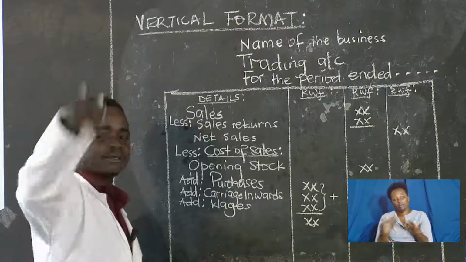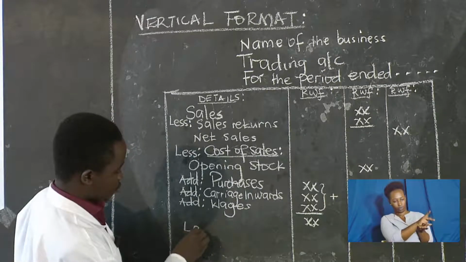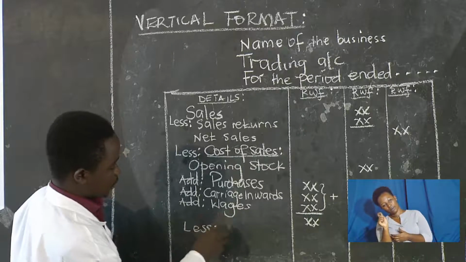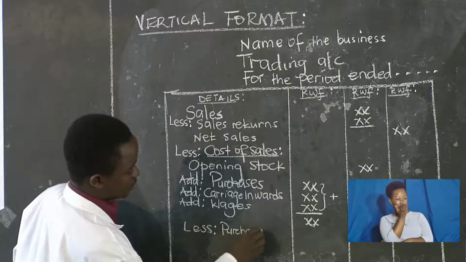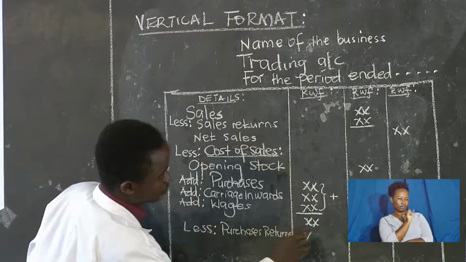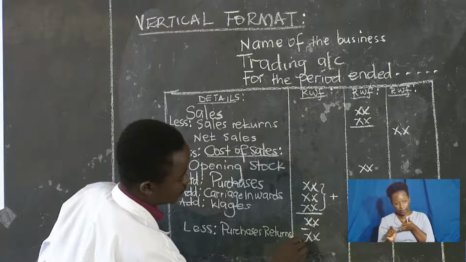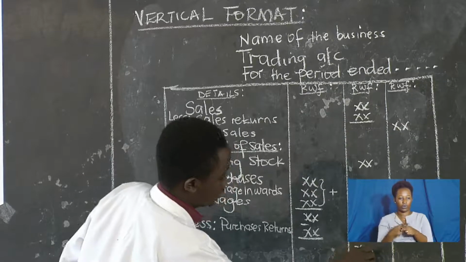Then you decide to take them back to the creditors or suppliers. Then you have to subtract what we call purchases returns or return outwards. When you subtract purchases returns, you get what you call net purchases.